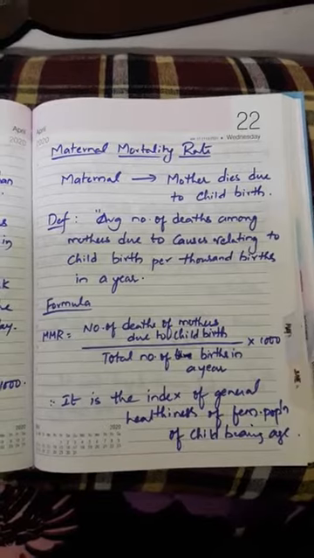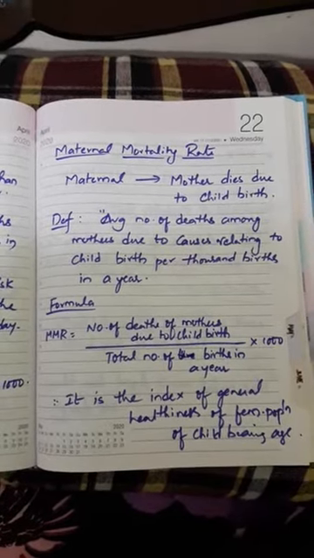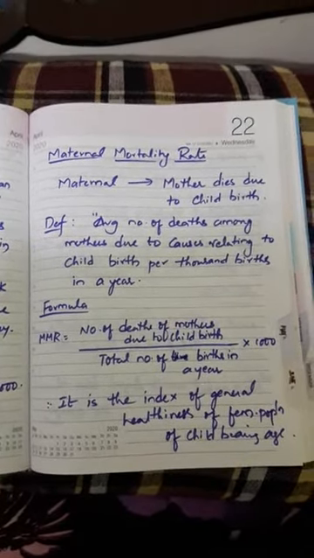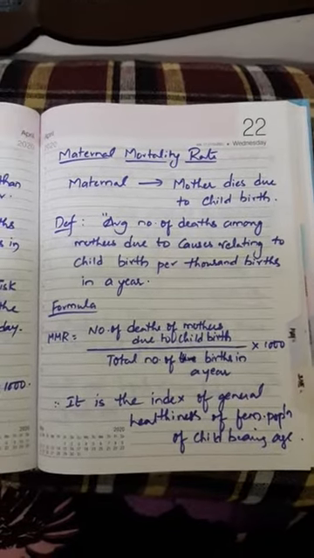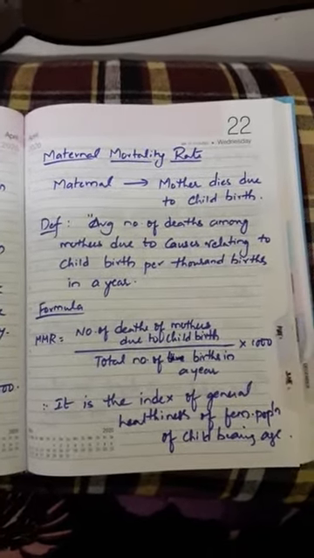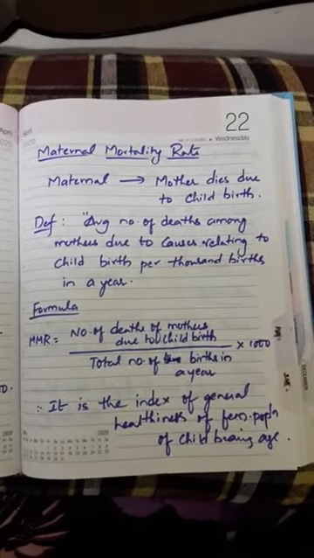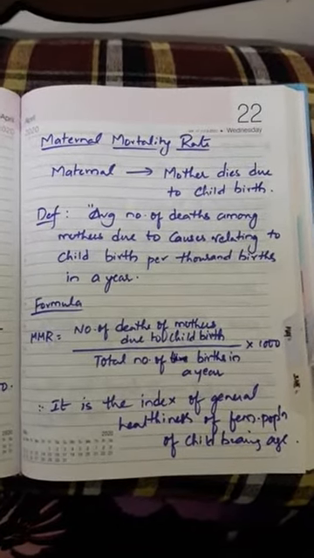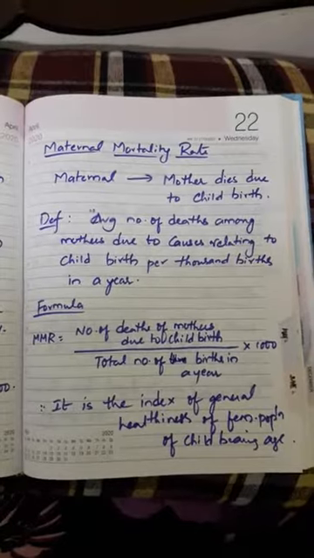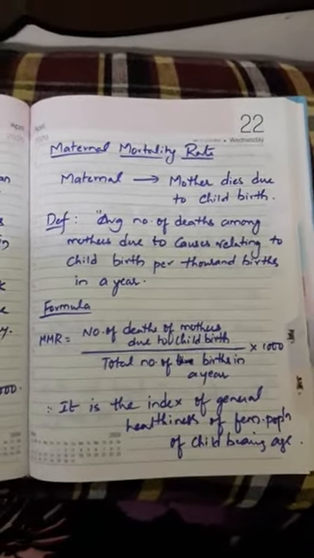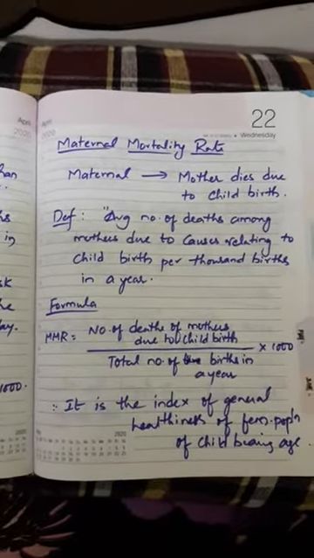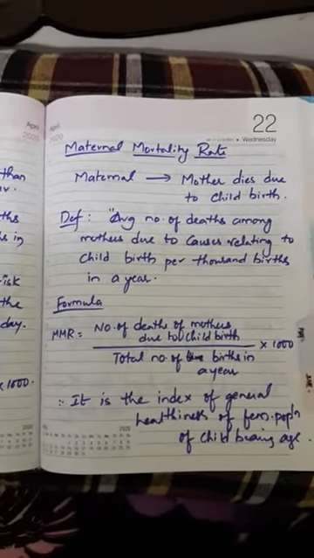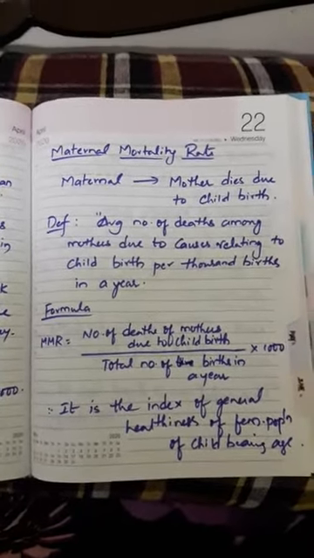Generally, for the healthiness of the female population of childbearing age, this method is used. Healthiness of the female population, because population grows only through females. Clear? So when a female birth occurs, there is a possibility of one more reproduction. Just imagine if in the entire world only male births were there, no female births, definitely the population day by day decreases, it won't increase.